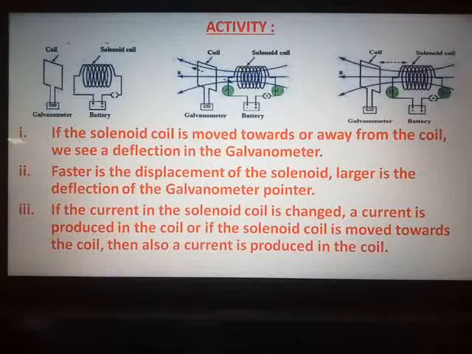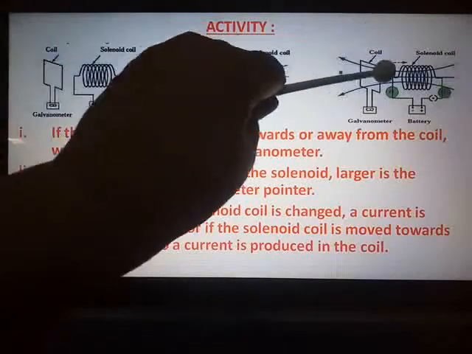Now here you can see, if a current is switched on or off in the solenoid coil, what happens? A current is induced in this coil, and such an induction is also observed when the current in the solenoid coil is either increased or decreased. And what you can infer over here is, current is induced in the coil when it is moved aside from in front of the solenoid.